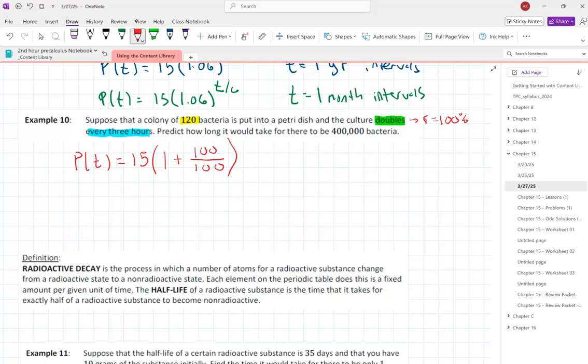You could do it in 3-hour segments, but then you're going to have to take your final answer and multiply it by 3 at the end. I'm going to be bad at remembering to do that. I would rather fix my equation so that the answer spits out, I just attach the same unit to it and I'm done. But you could do it in 3-hour intervals. That would be okay, but you'd have to make sure you adjust your answer at the end. I want to write this in a way I don't have any adjusting to do.